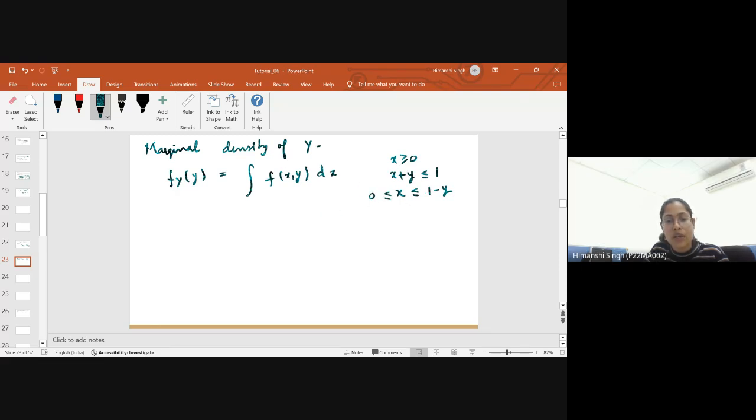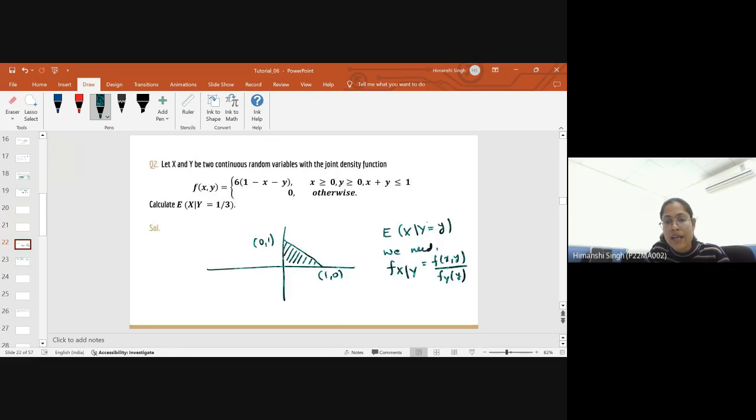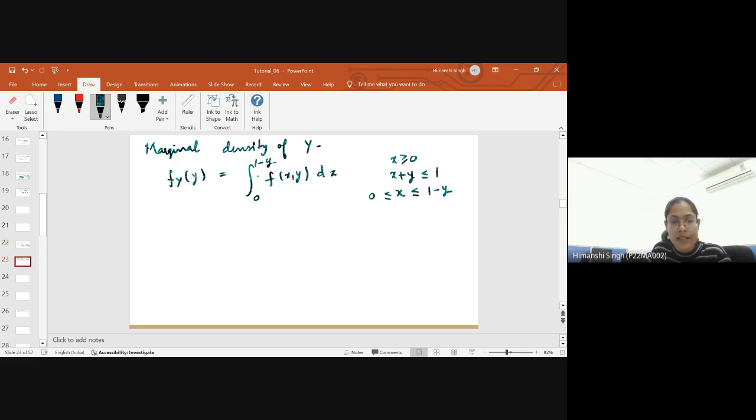So the integration will be from 0 to 1 - y. Now, where is y varying? y is greater than or equal to 0 and y is less than or equal to 1 - x, where x is greater than or equal to 0.